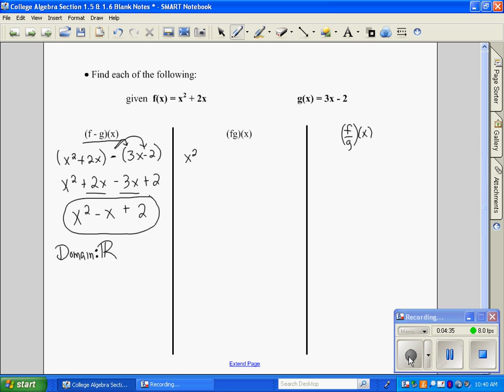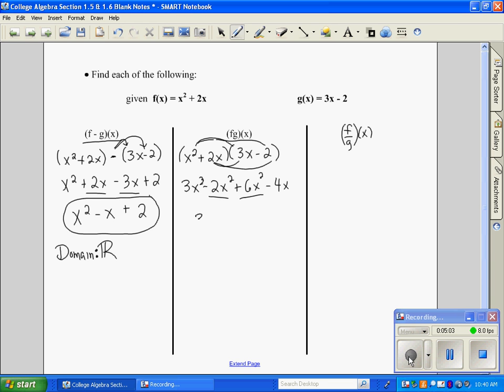Next we have f times g of x. So I take f and I multiply it times the g function, and I have to FOIL this out. First, 3x to the third. Outer, that's going to be minus 2x squared. Inner, 6x squared, and last, that's FOIL, minus 4x.